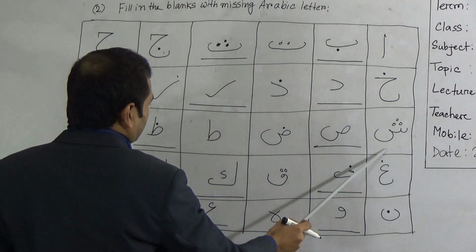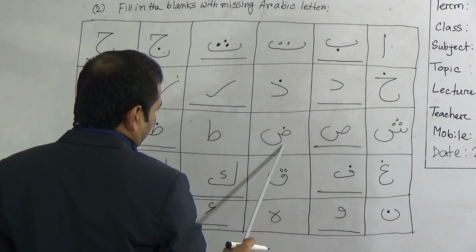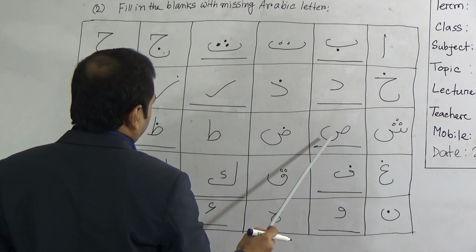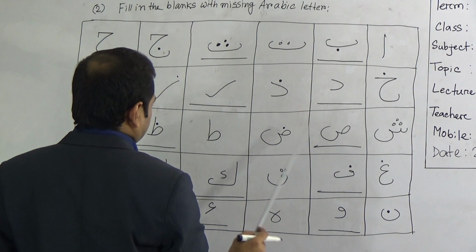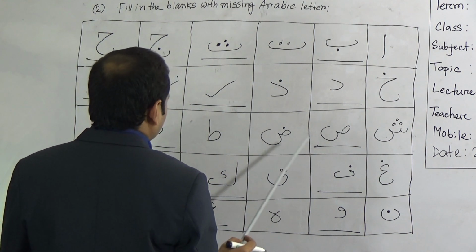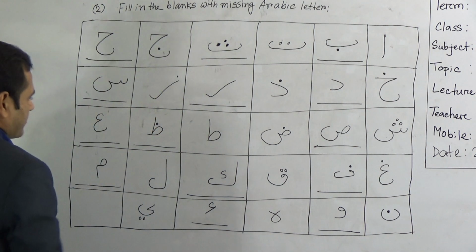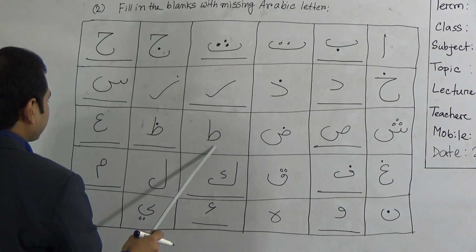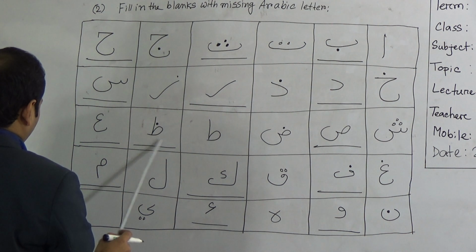Shin is given and dua is also given. So after shin and dua, swad comes between two letters. Now dua and tua are given, and dash dash.